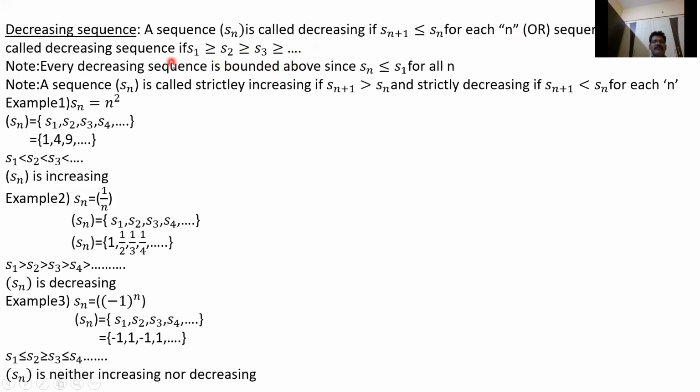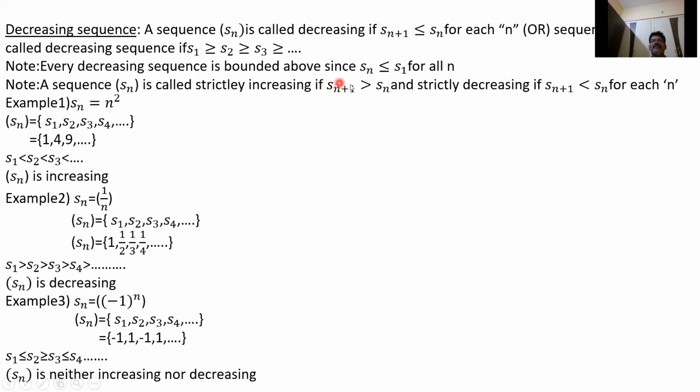Our sequence Sn is called decreasing. Another definition, S1 greater than S2 greater than S3 and so on. So here we observe every decreasing sequence is bounded above, because S1 greater than S2 means S2 less than S1, and S1 greater than S3 means S3 less than S1.